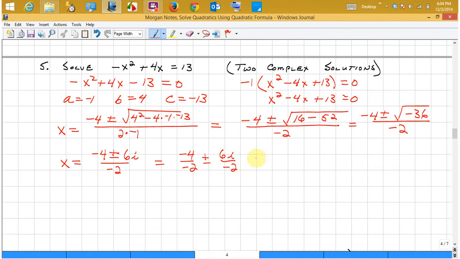Now simplifying that, we would have 2 plus or minus 3i. And the reason I only put 3i, notice that this would be a negative 3 on the 3i, but because it's plus or minus, regardless of which operation I choose, it's always going to still be plus or minus, so I can just forget about that negative on that 3i.